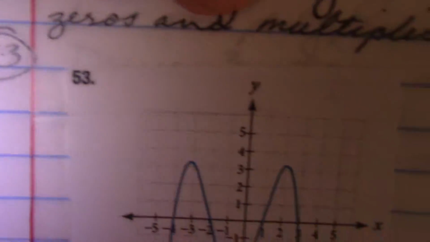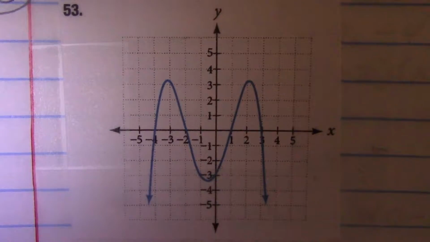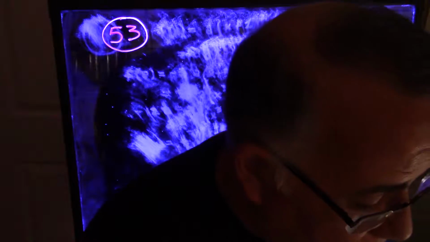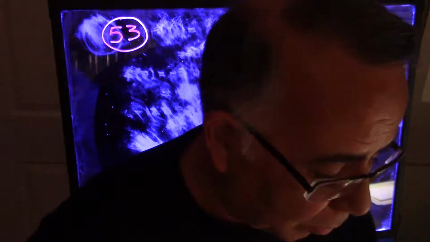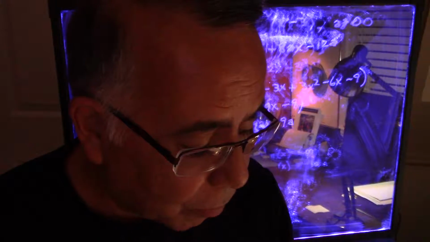Number 53, it says, for the following exercises, use the graph to identify zeros and multiplicities. So here's the graph. Okay, and it must have at least degree 4. You can count the number of turning points, all right, and 3 turning points.